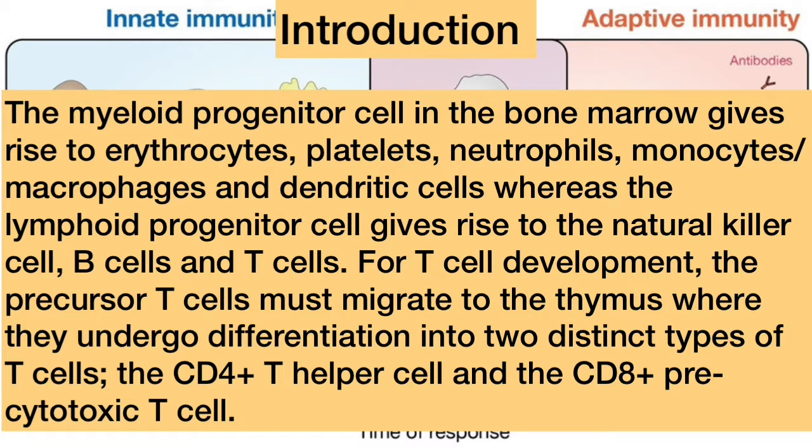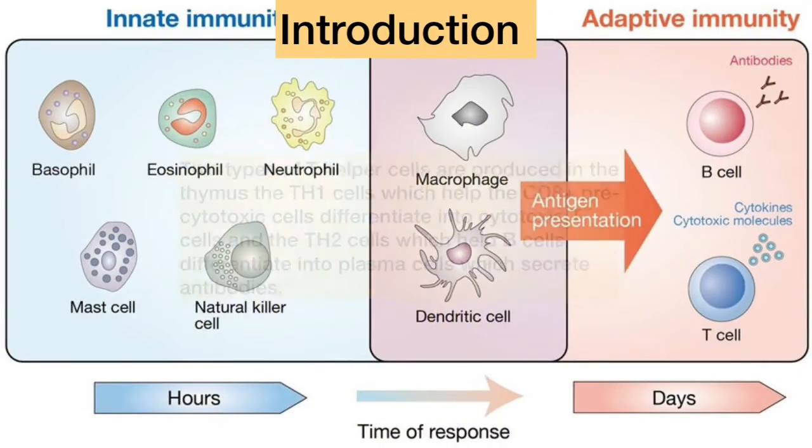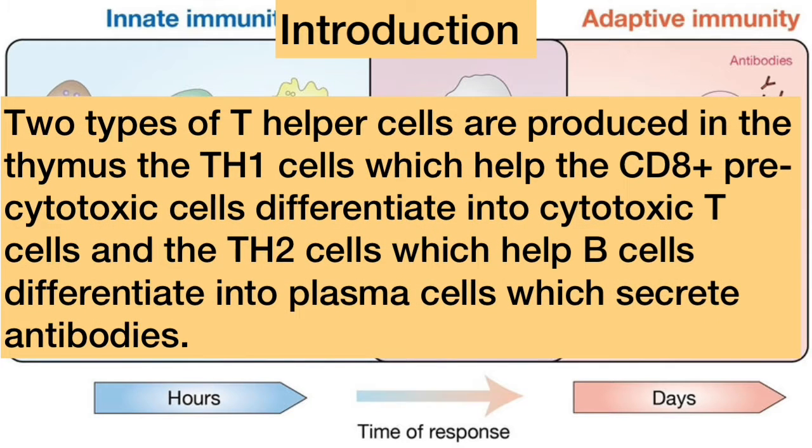For T cell development, the precursor T cell must migrate to the thymus, where they undergo differentiation into two distinct types of T cells, that is the CD4 plus T helper cell and the CD8 plus pre-cytotoxic T cell. There are two types of T helper cells which are being produced in the thymus.